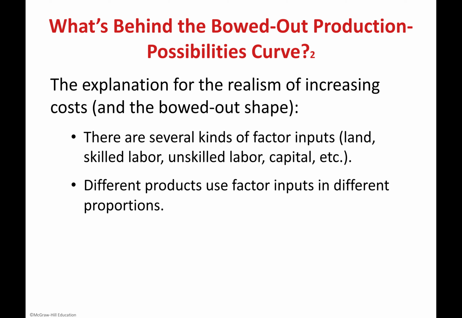Obviously, as a country, you're going to move the factors of production that have the most adaptability first, and then you start to move the ones that have least adaptability last.